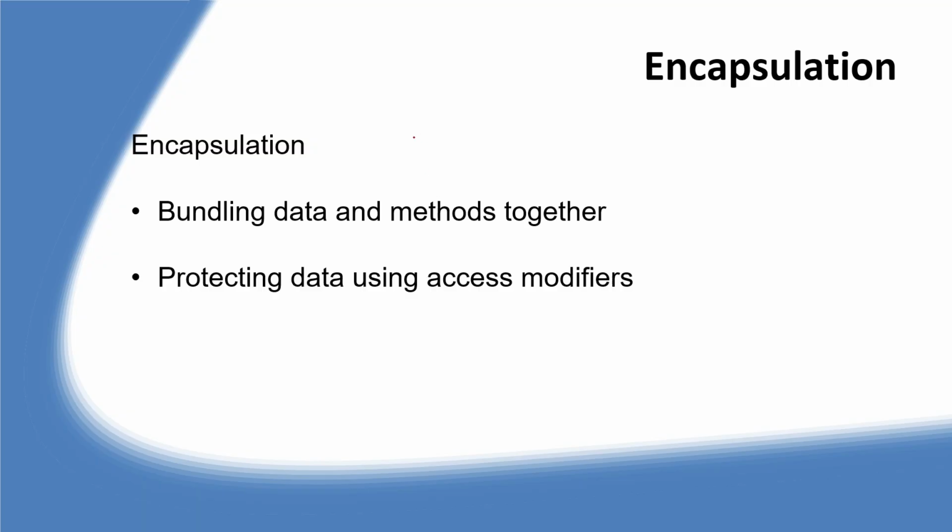Before moving into encapsulation, I will show you a quick glance of a class. How do we define a class? Class and the class name, let's say Car. This is the class name. And inside the class we will have properties and behaviors.